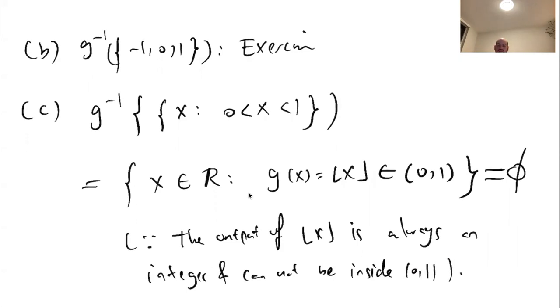We are looking for inputs whose outputs belong to the open interval 0 to 1. But every element in the open interval 0 to 1 is a non-integer. So none of them can be an output of floor of x, because the output of floor of x is always an integer. Therefore, this set must be the empty set.